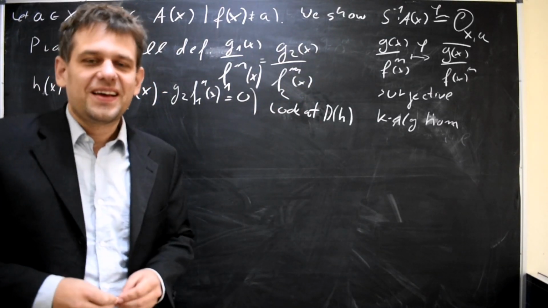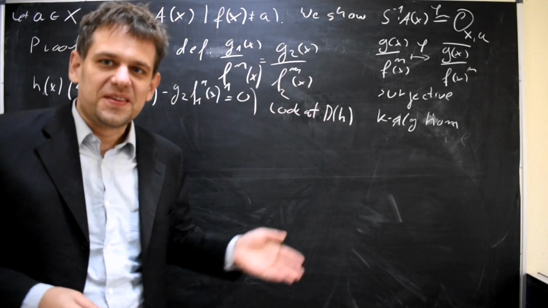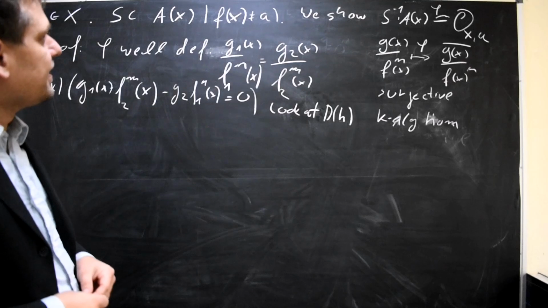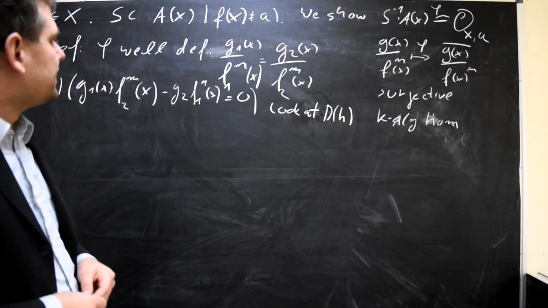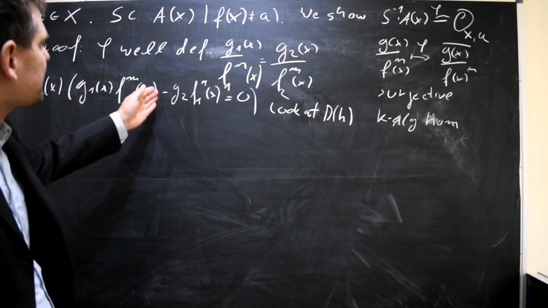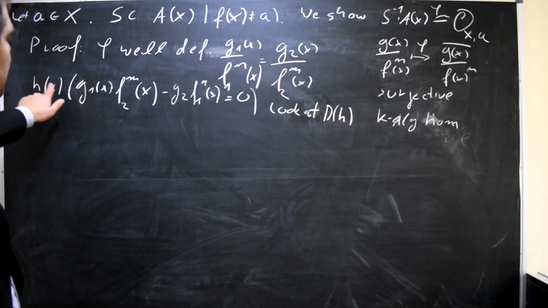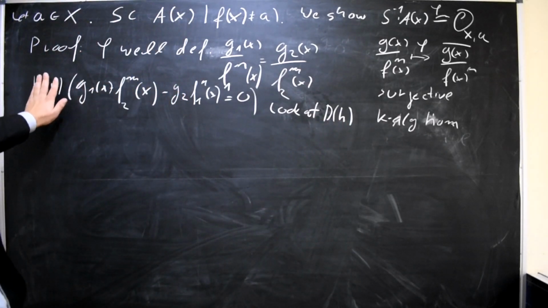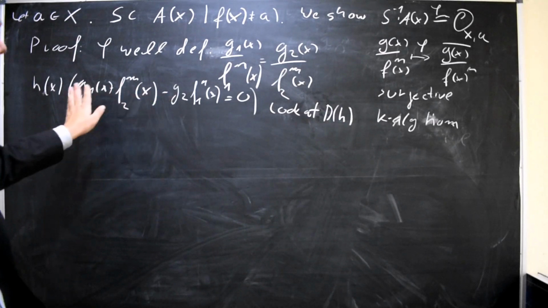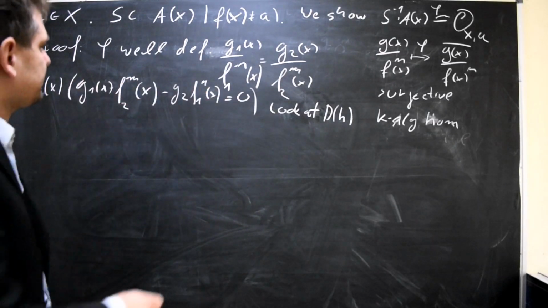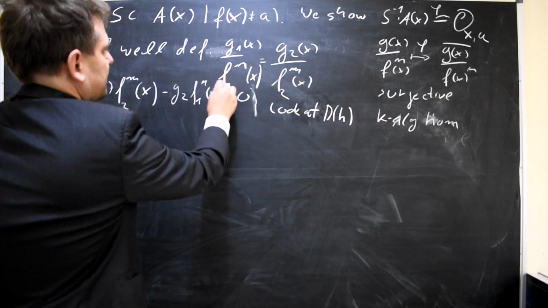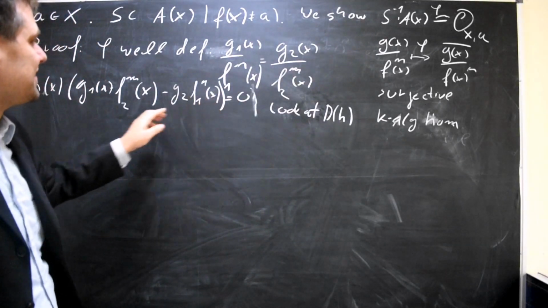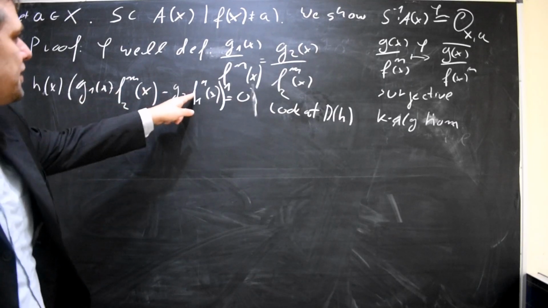H doesn't vanish on the distinguished open subset containing A, of course, and this means on this distinguished open subset, this is unequal to 0. So if this expression is 0, we have that this is 0.